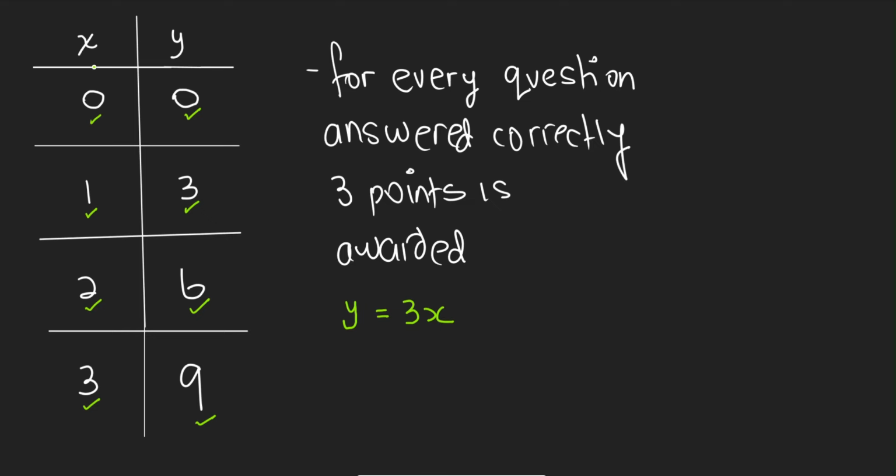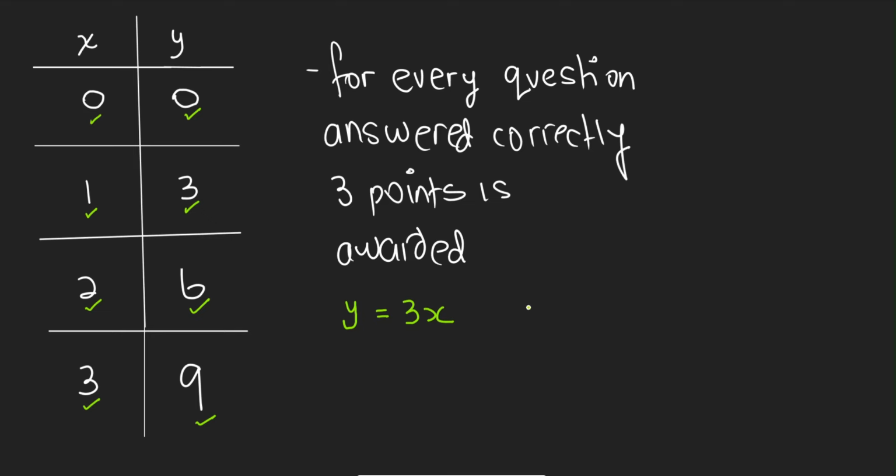Now what is x? x is the number of questions answered correctly. Where do we get that? We do not get it from anywhere. If you sit for a test, you do the test, you have the number of questions. From that, the points or the scores will be awarded. So x here is the independent variable because it's not depending on anything, whereas the value of variable y depends on the variable x.